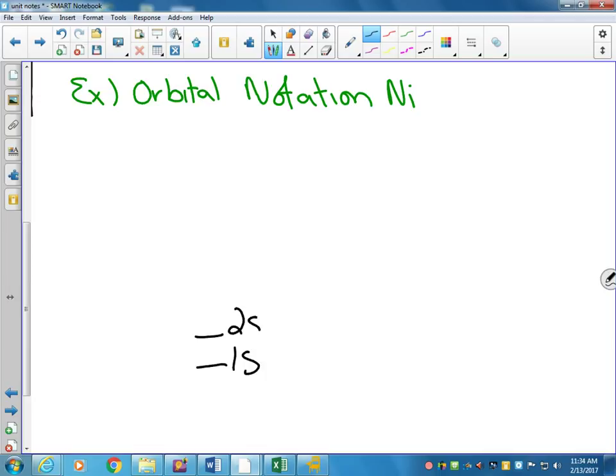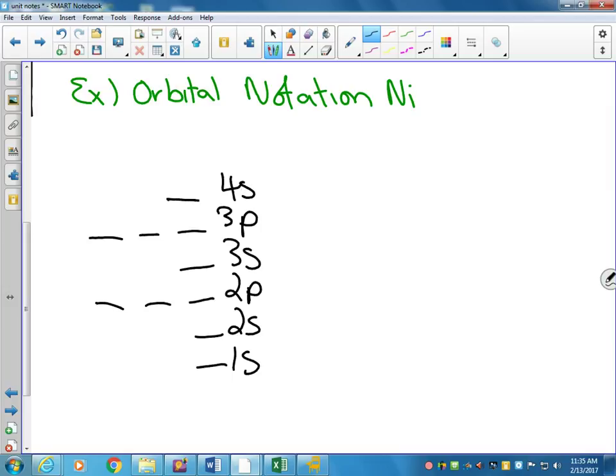Then I'd write 2s, 2p, but draw 3 lines. 3s, single line, 3p, 3 lines. What comes after 3p? 4s, how many lines? And then what's after 4s? 3d. And how many lines for d? 1, 2, 3, 4, 5.